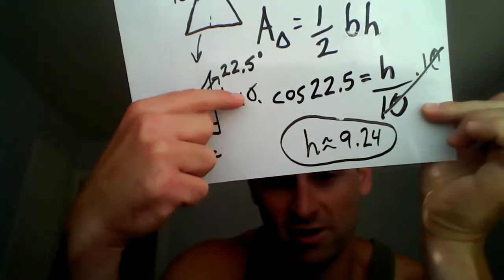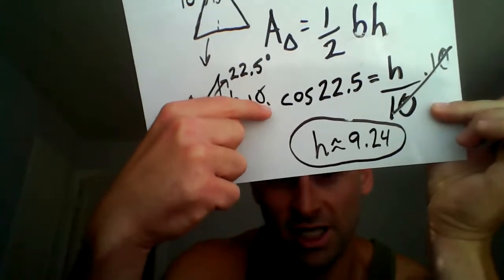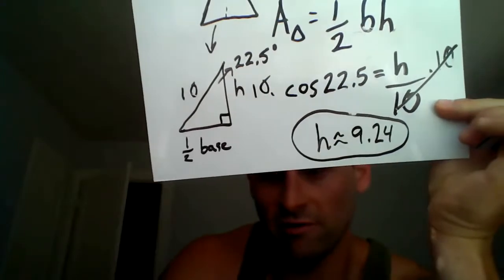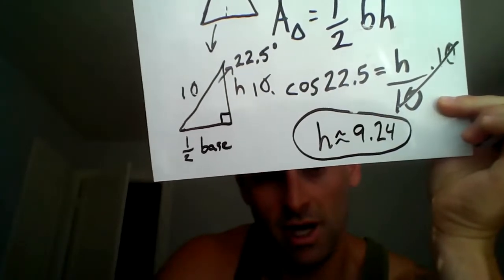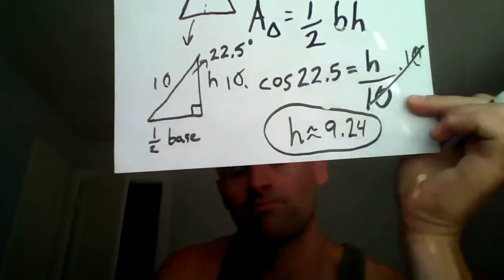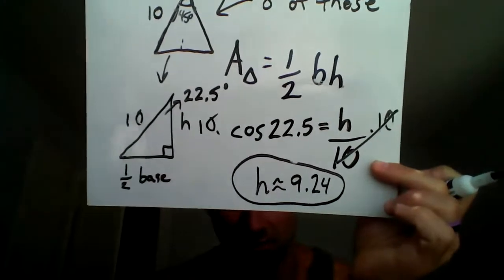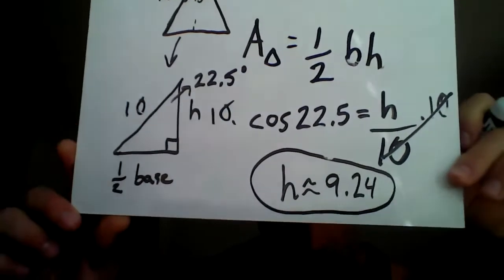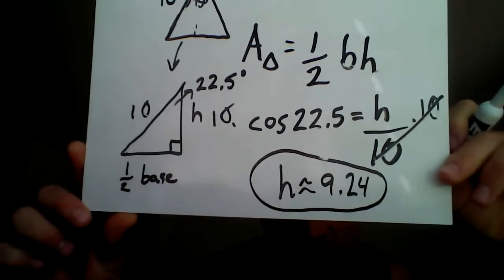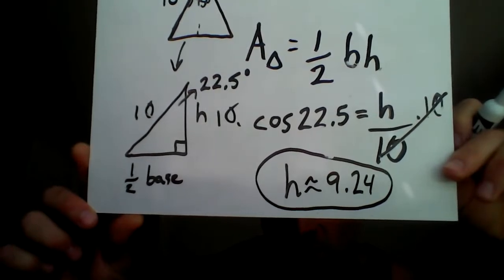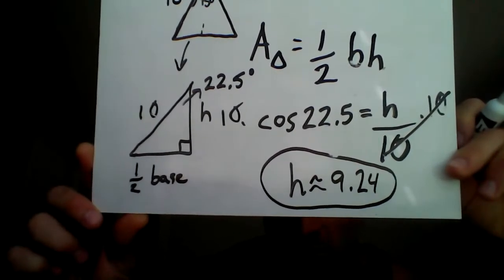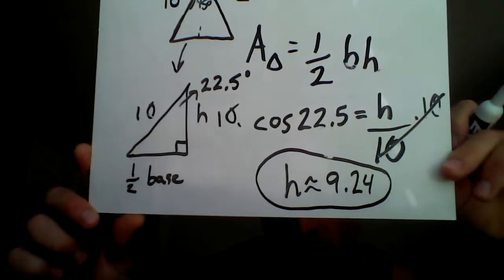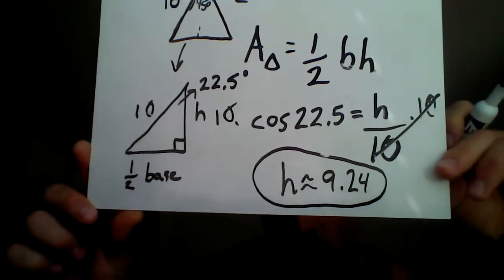And here it was 10 times cosine of 22.5. It should be 9.2. Try it again, Jimena. See does that make sense? Oh, that's why. So here, I'll walk you through it on your phone.